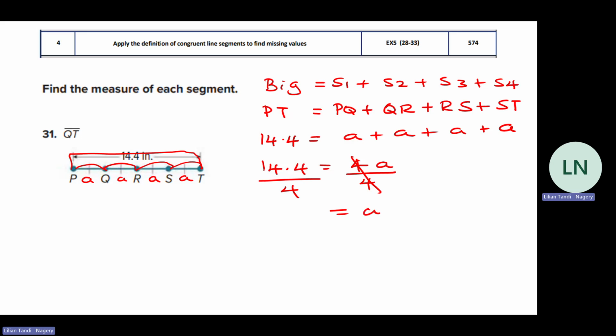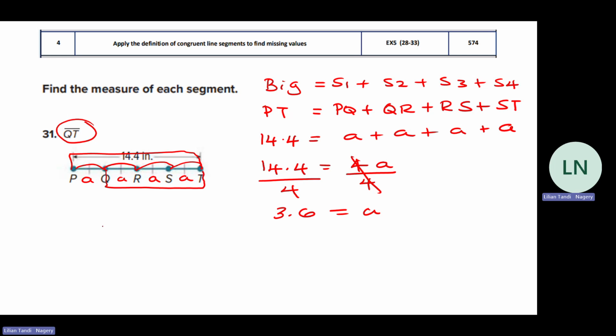And this is A equals 14 and 4/10 divided by 4. That should give me 3 and 6/10. Okay? 3 and 6/10. Now, the question wants from Q to T. Do you see that?